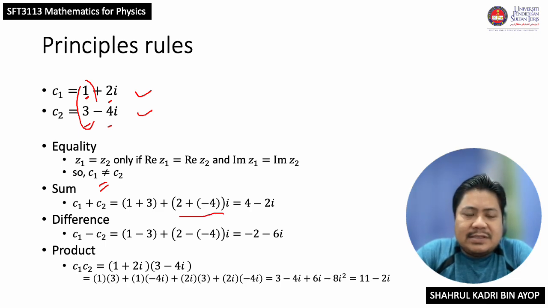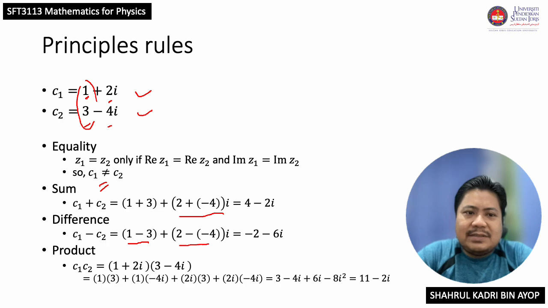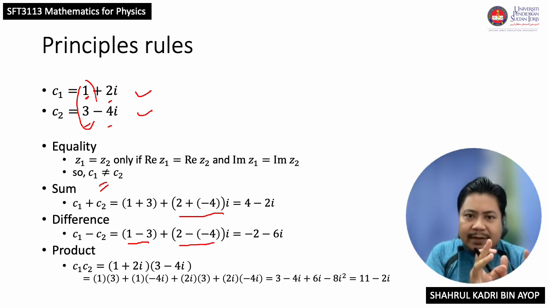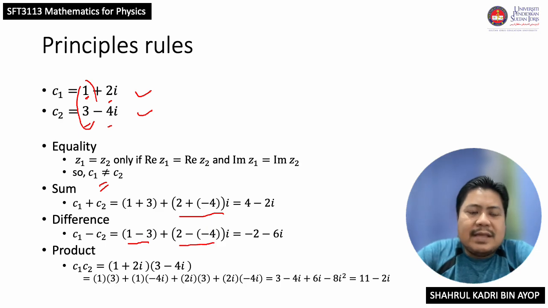For the subtraction, the same way, we have to make sure the real part is 1 minus 3, and the imaginary part is 2 minus 4. That means both in the sum and difference, you have to make the operation separately for the real part and also the imaginary part.